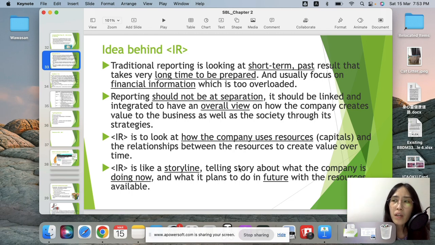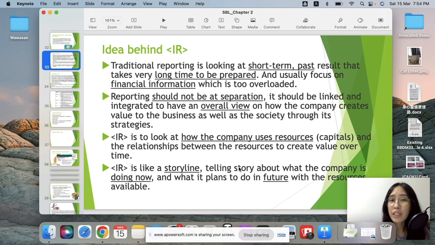and the annual reports that we usually have is a combination of all this reporting. We see the annual report as section by section, but we rarely see the connectivity of all this section. So integrated reporting is trying to introduce to us that all the aspects of the company are actually integrated, because one aspect will affect another and they may affect each other in different way.